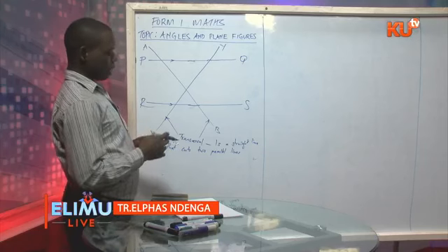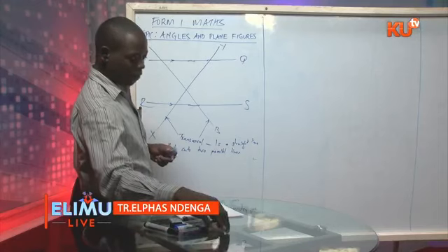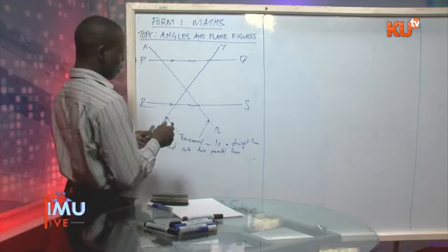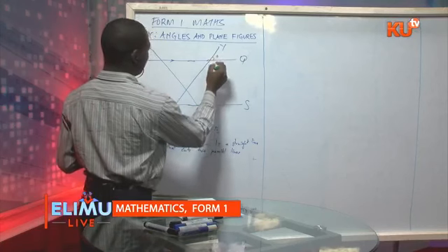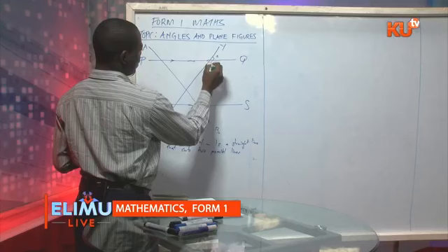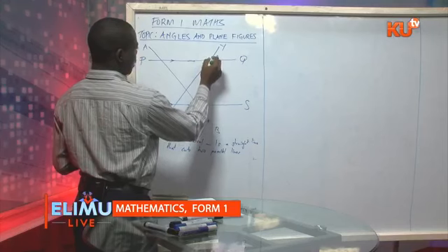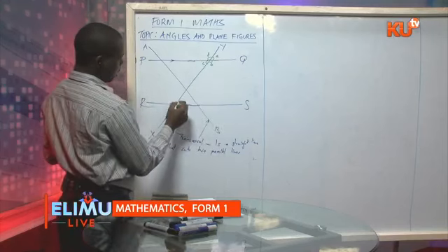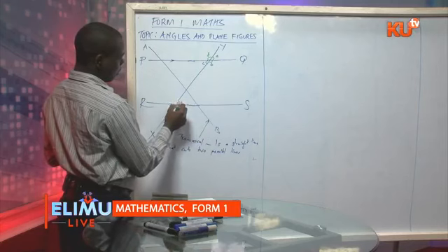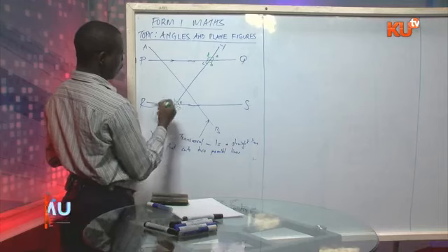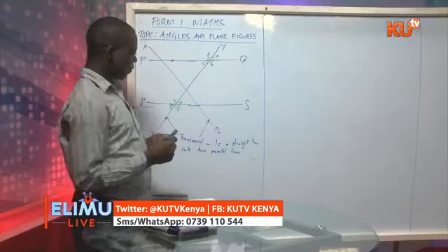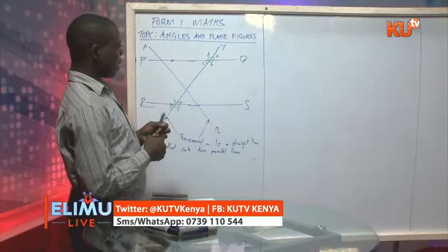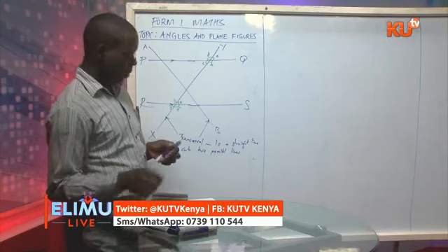We have different angles that I want us to discuss that are formed on a transversal, and I will name these angles. Let's say we have the angle A, the angle B, the angle C, the angle D, and then E, F, G, H. These are the angles that we are calling the angles on the transversal.